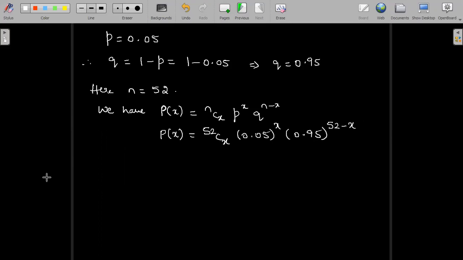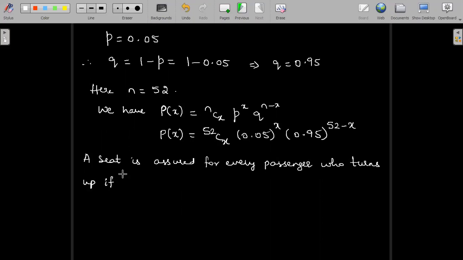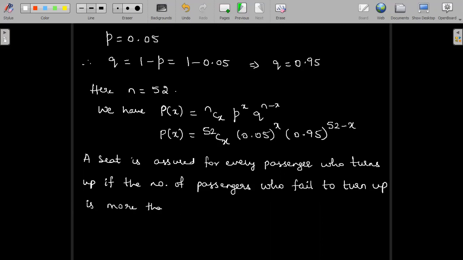Now, a seat is assured for every passenger who turns up if the number of passengers who fail to turn up is more than or equal to 2.